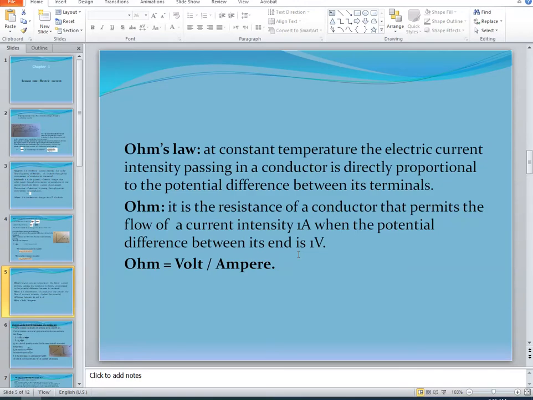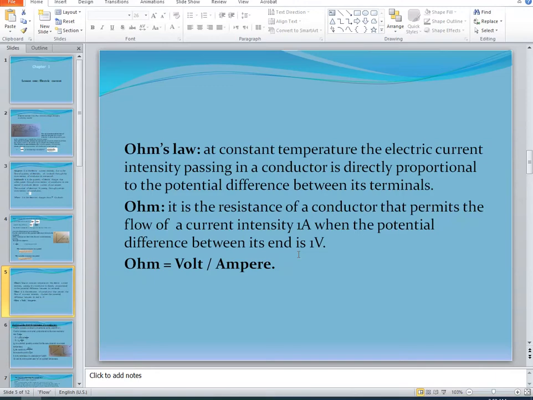This means the rate of collisions between the vibrating atoms and the electric current is constant. So the temperature should be constant too, because if the temperature changed, the collisions will change and the ohmic resistance will change too, and this is wrong for Ohm's law.